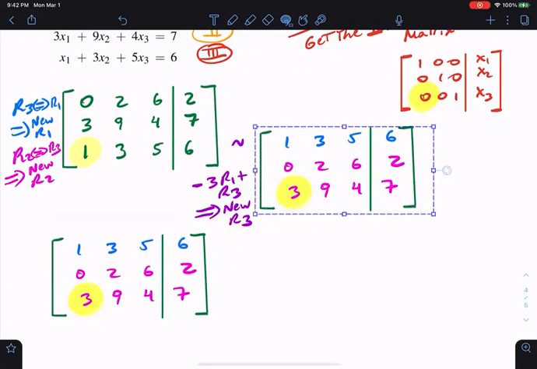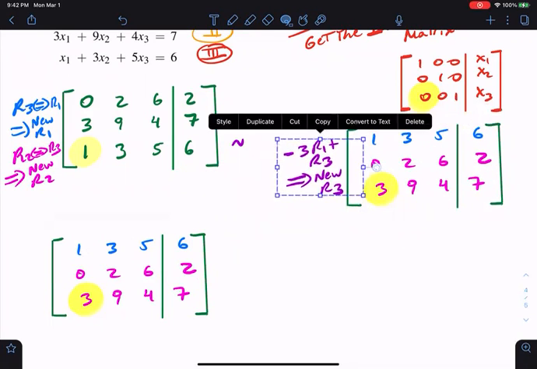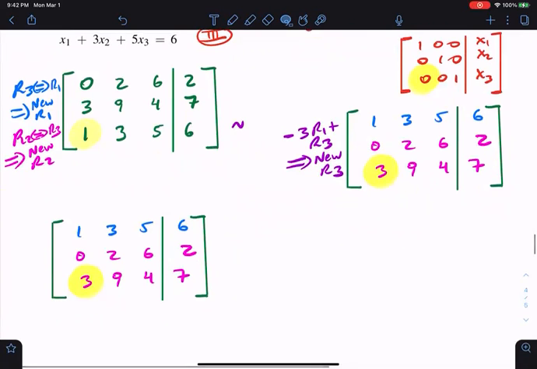Let me remove this a little bit so it doesn't get messy. Okay, so that's what I did. Everything remains the same except row 3. So let's do the computation: -3 times all the elements in row 1. -3 times 1 is -3; -3 plus 3 is 0. -3 times 3 is -9; -9 plus 9 is 0. -3 times 5 is -15; -15 and 4 is -11.